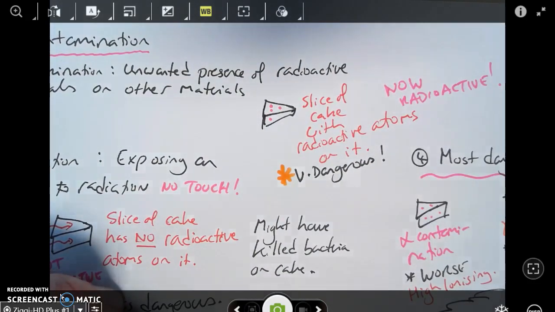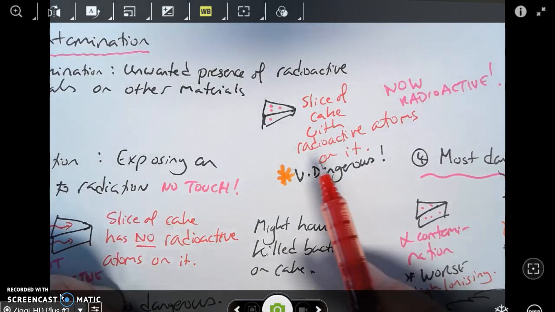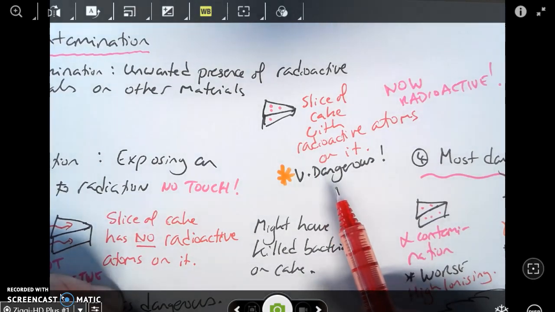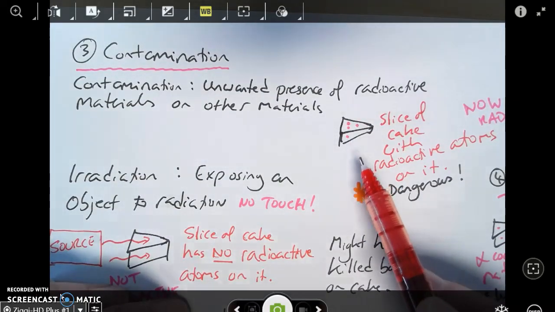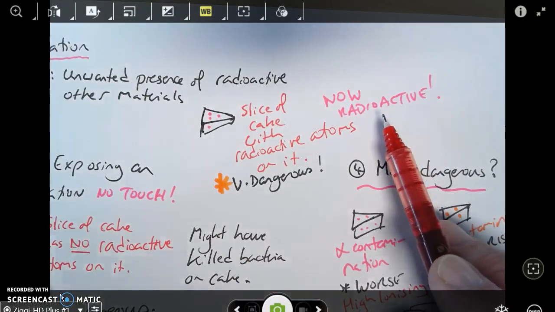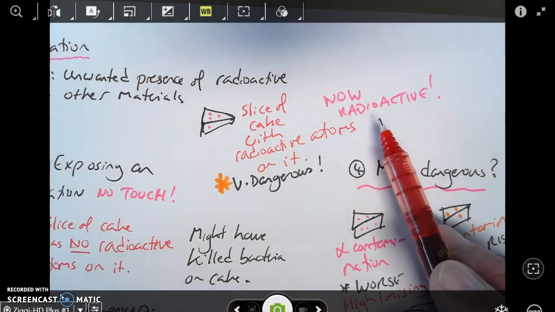That means it is emitting either alpha, beta or gamma radiation. That is very dangerous because if you swallow it, that means that those things are now inside you emitting radiation into your cells. Because the cake's contaminated, it's touched the source of radiation, the cake itself is now radioactive. So wherever you take that cake, it will appear to be radioactive.